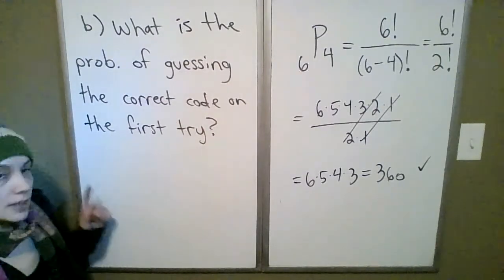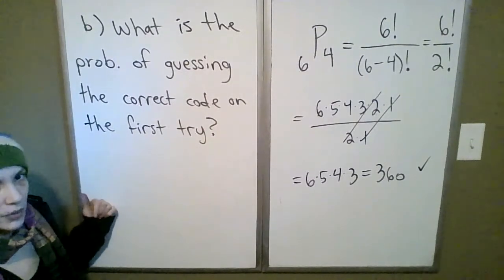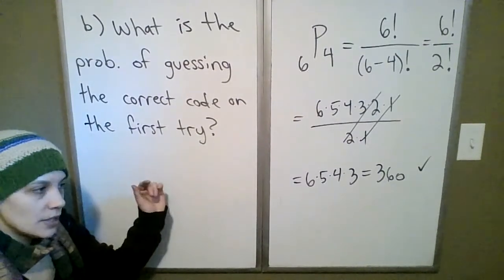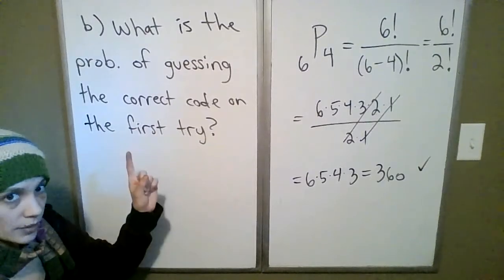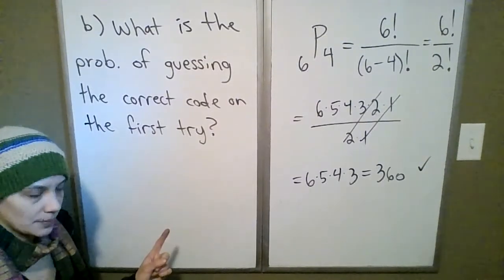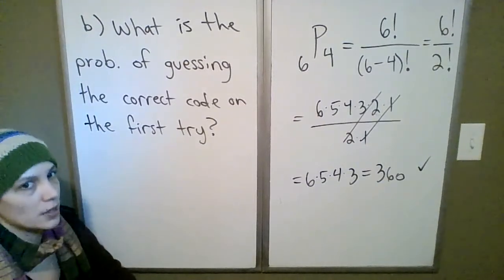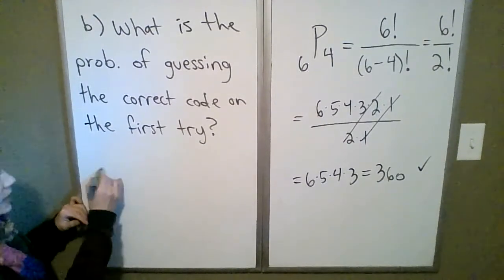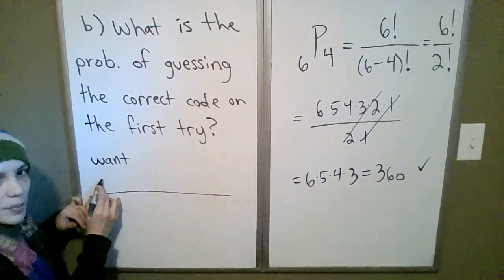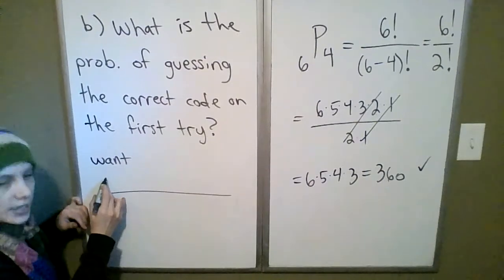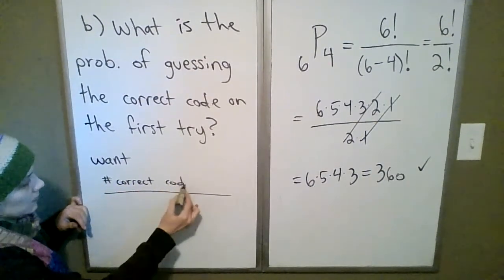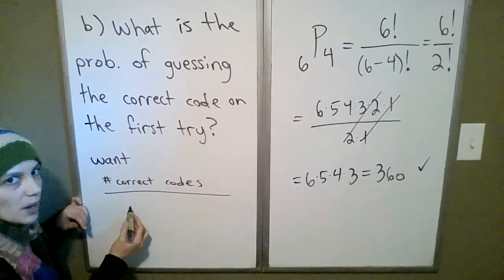Okay. So it's a little wordy, so we're going to mostly talk through it, but you want to do it by using the definition. The probability of getting the correct code on your first attempt is the number of ways to do that, the number of correct codes, divided by the total number of possible codes.